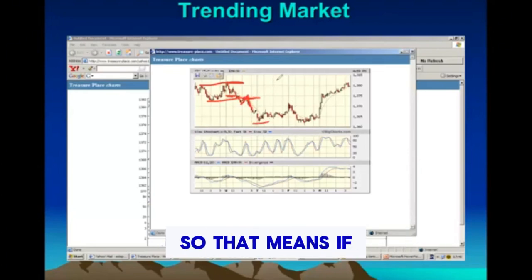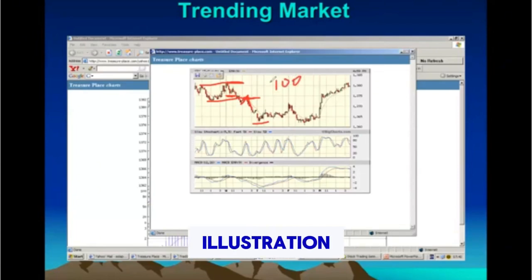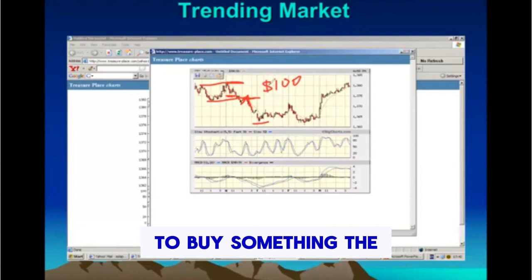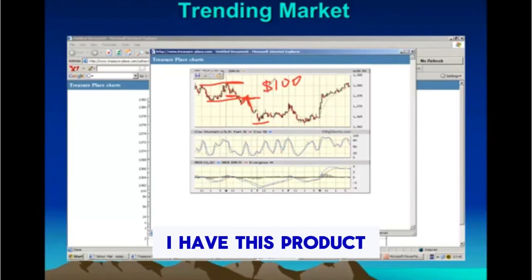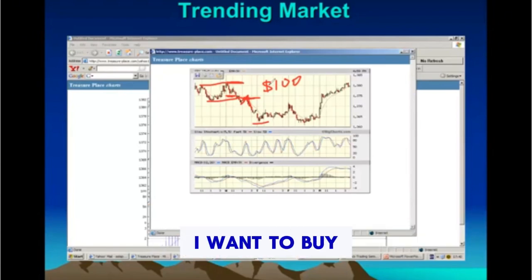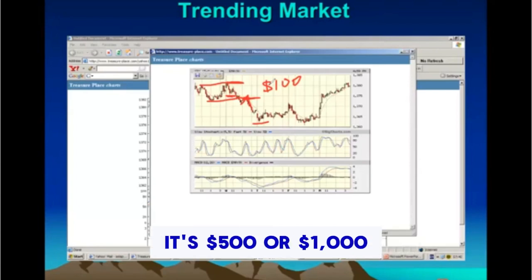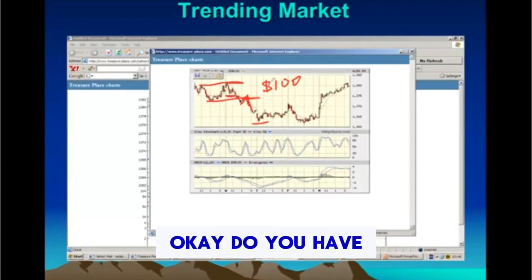So that means if I sell at $100, I gave you an illustration of somebody who went to the market to buy something. The marketer said, okay, I have this product, I'm going to sell it to you. I want to buy this iPhone. How much are you selling the iPhone? It's $1,000. Okay. Do you have this color?